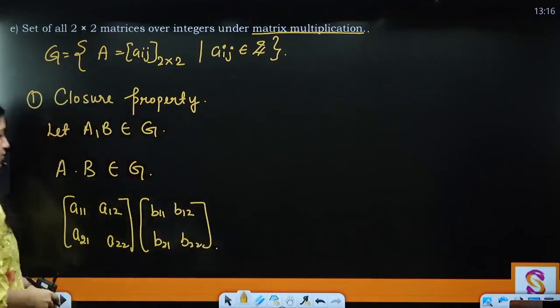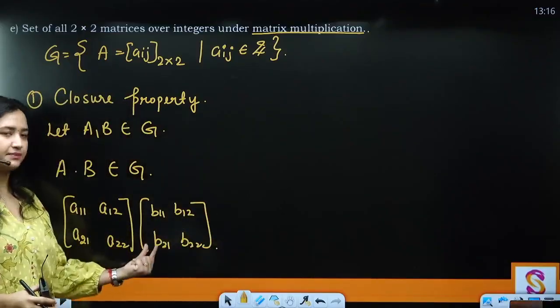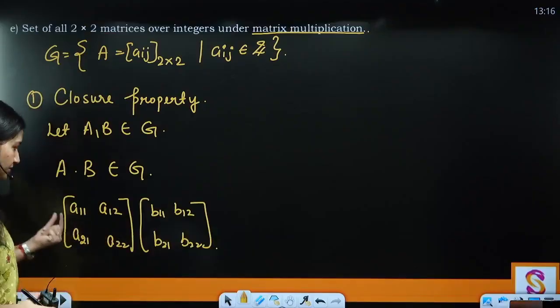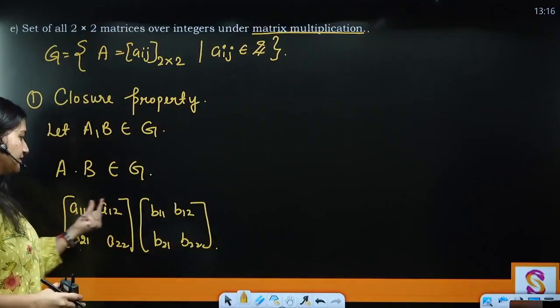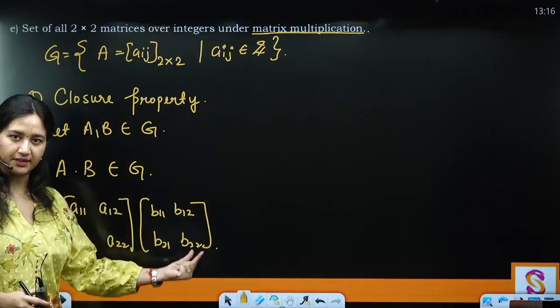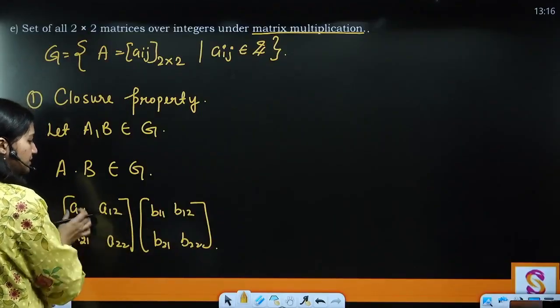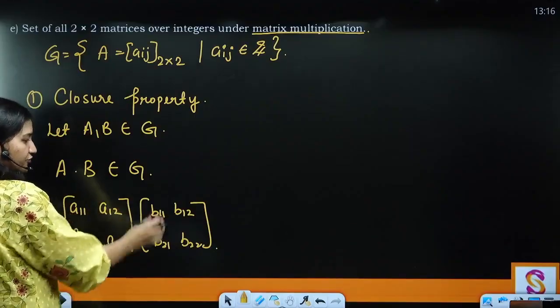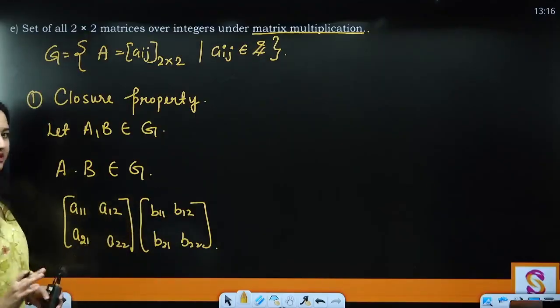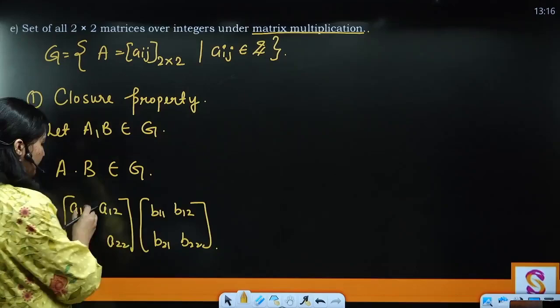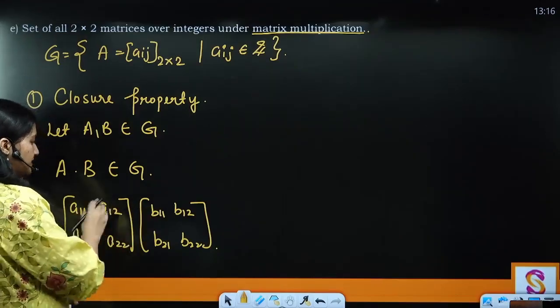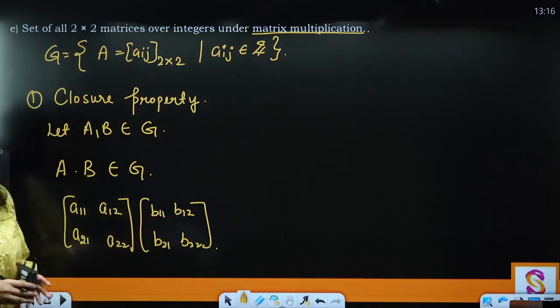Now look at this, what do you do? You multiply the first row by this column, right? First row, first column, consecutive numbers are multiplied and then added. That means A11 into B11 plus A12 into B21, right?